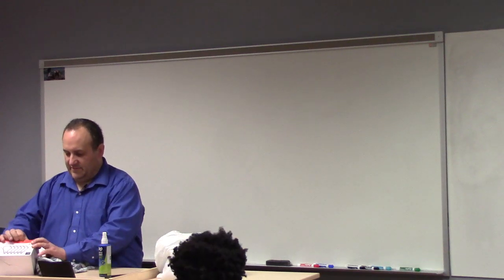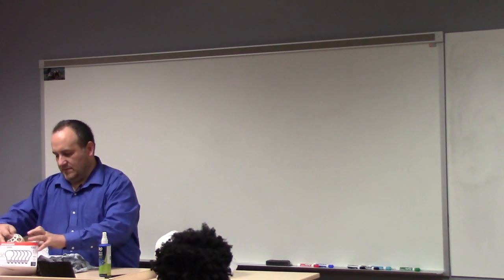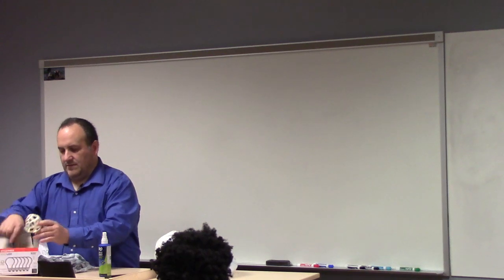All right, so one of the things I wanted to show you, which is just kind of fun, is a sphere which actually puts the conformal mapping, the stereographic projection, into play.